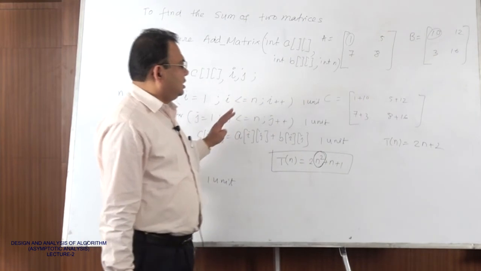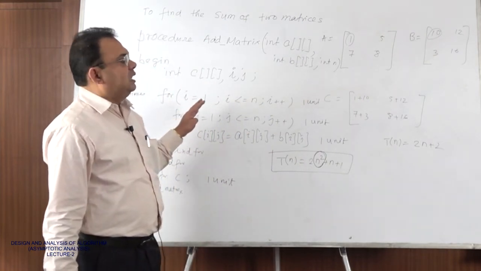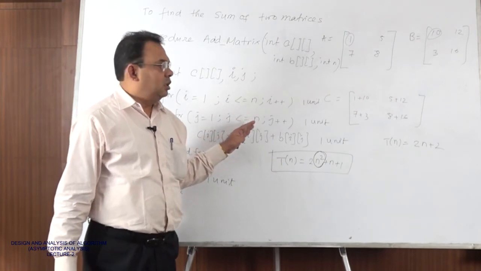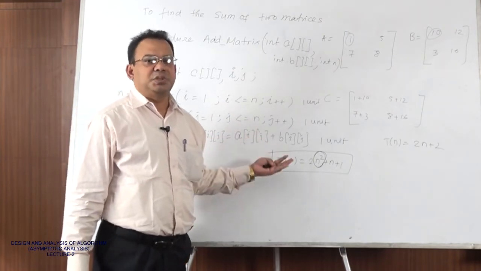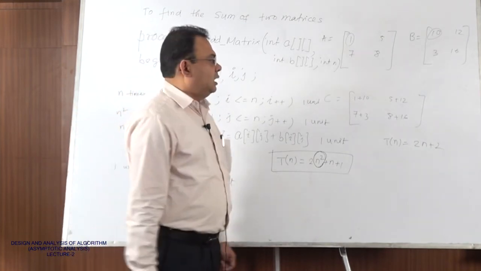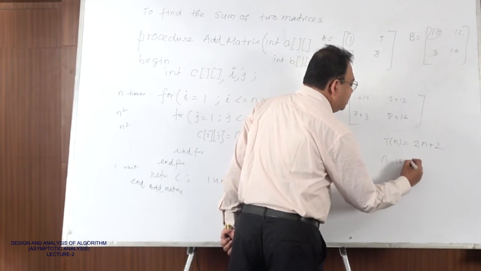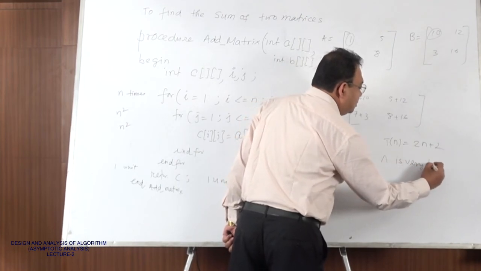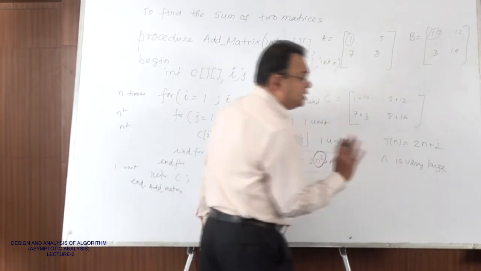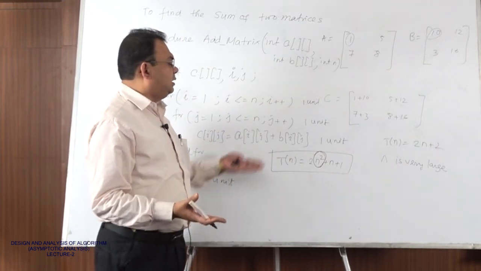This is the notation, and it is asymptotic because we are interested in knowing how the algorithm behaves for larger values of the input, for larger values of n. So n is very large. We are not interested in small values of n because it may behave differently for smaller values.